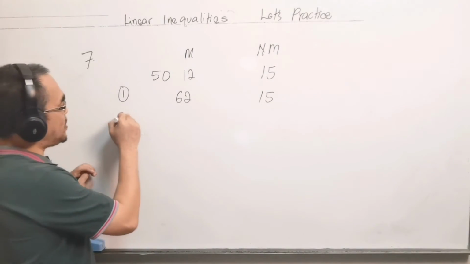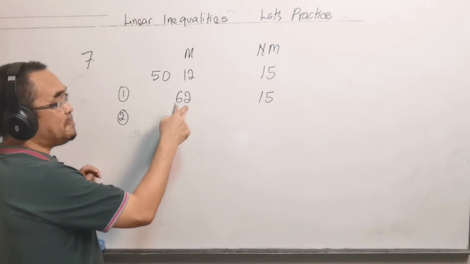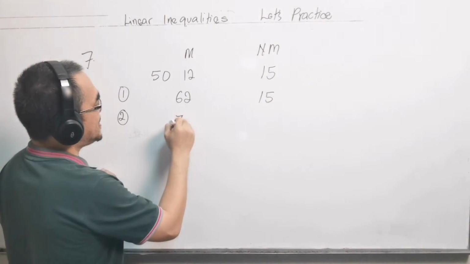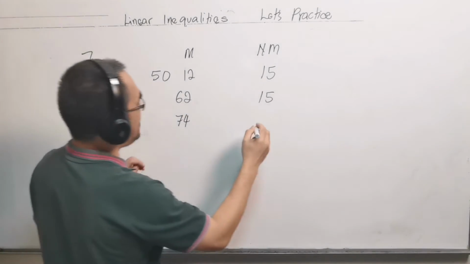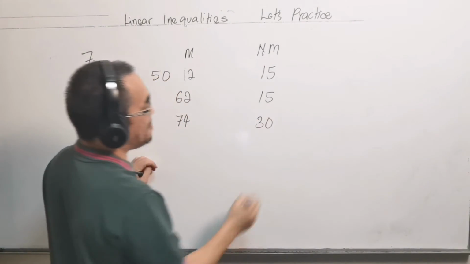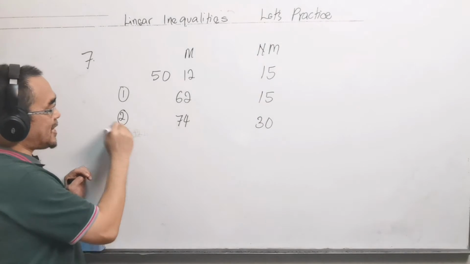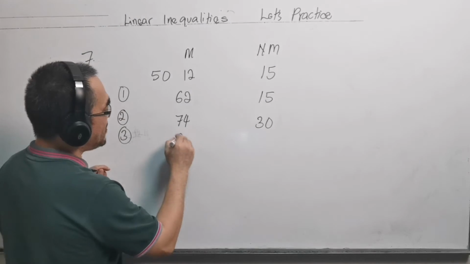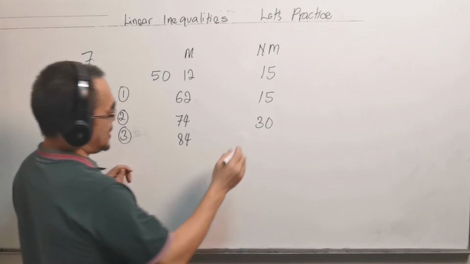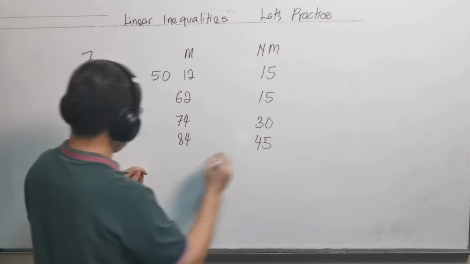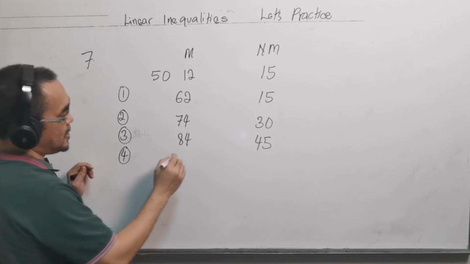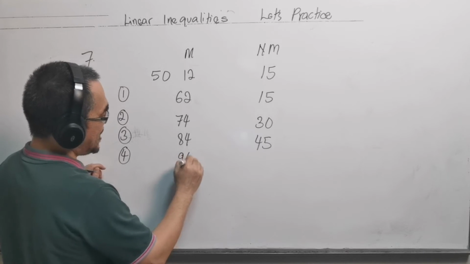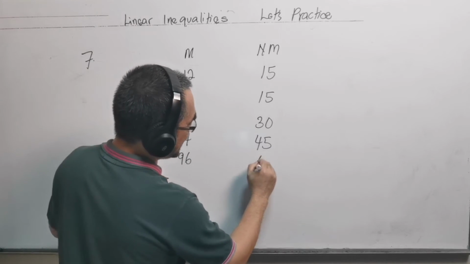If you play 2 hours, the member pays another 12 ringgit, so it becomes 74, and the non-member pays another 15, becoming 30. For the third hour, you pay another 12, so it becomes 84, and this one becomes 45. The fourth hour, 4 hours already, so 96, and this one becomes 60 ringgit.